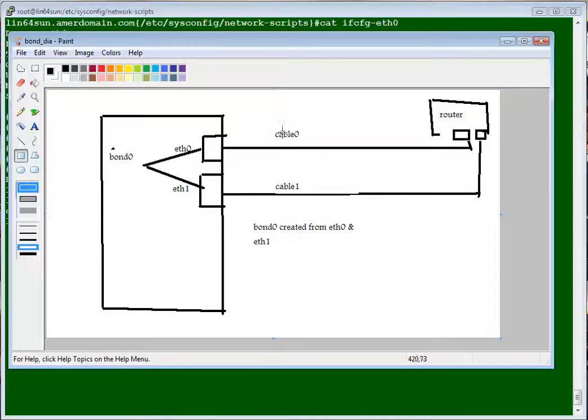Similarly, this cable: somebody is working in the rack of the machine or somewhere, right? The cable has some problem, or a pin is not working, and at that time this link will be down. In that case your machine will not be in the network, right?